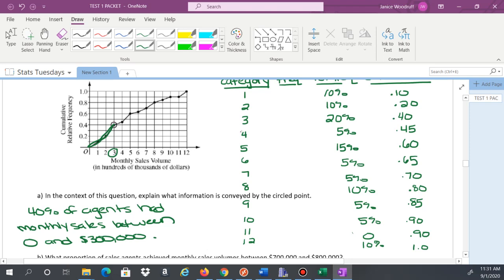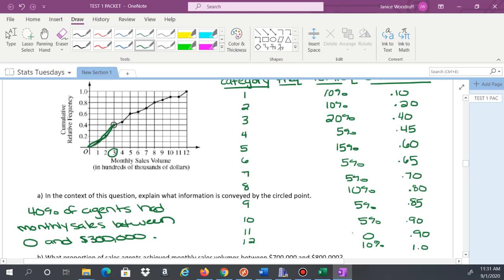Oh yeah, so you're sitting there, you're grading it, you say, okay, here's what this person wrote. It's not exactly what I'm looking for, but I can see by the work that's portrayed on the side that they broke it out one by one, and if they said exactly $300,000, right? 20% of agents sold exactly $300,000, then I know what they're saying.